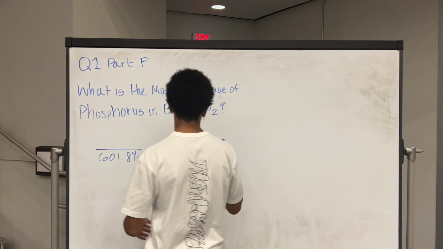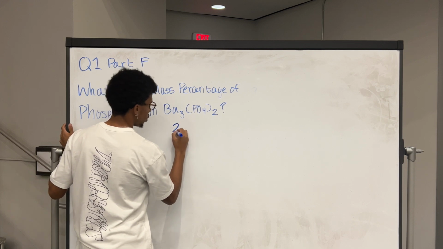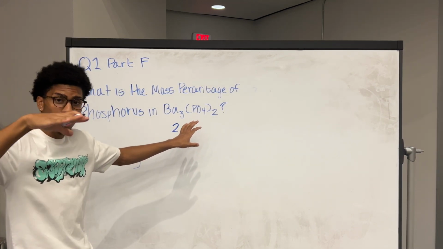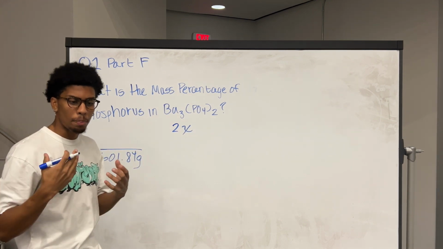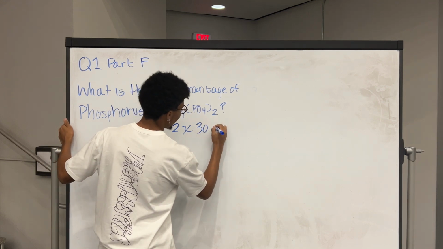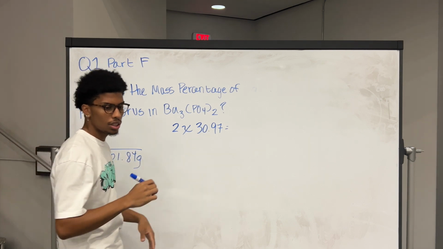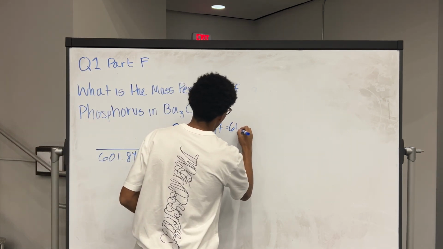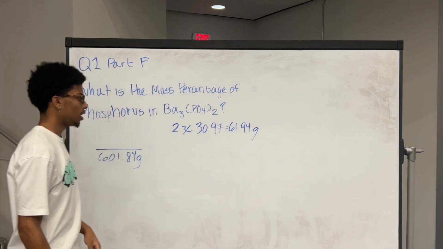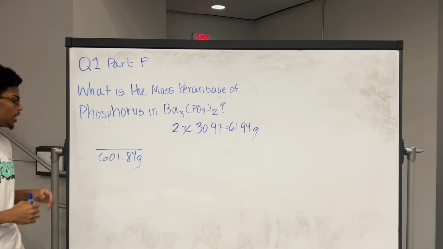And so, similar to how you would solve for the molar mass, you're going to take phosphorus, 2 times its mass number, which can be found right underneath the element on the periodic table, and that is 30.97. And this gives you 61.94 grams. And so now you're just taking the part and dividing it by the whole to create the ratio.